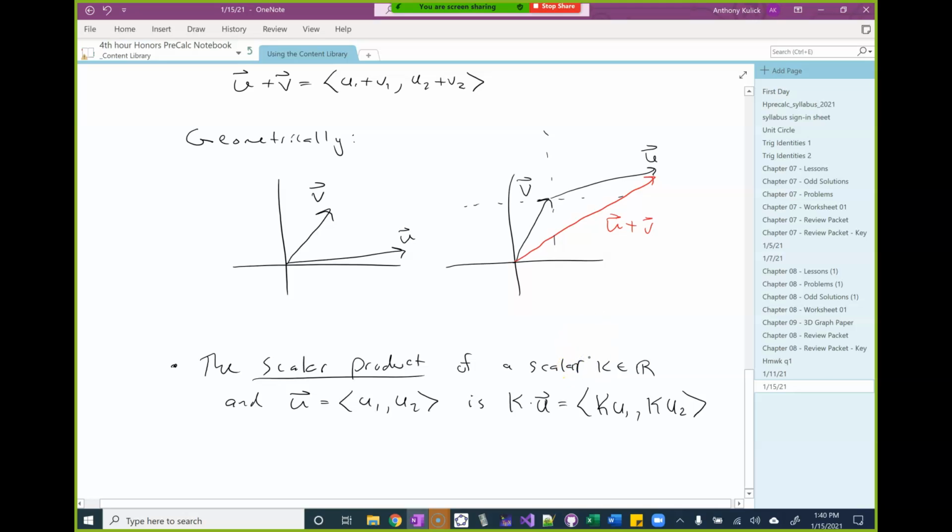Okay, the scalar product of a scalar, in this case k, when we talk about a scalar, we're just talking about a real number. So I have k as a member of the real numbers there. And the vector u, we write as just k times u. And basically all we do is we multiply that scalar to each component.